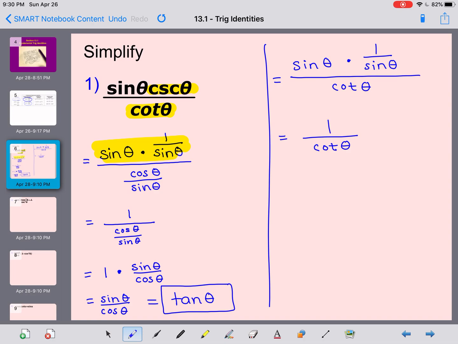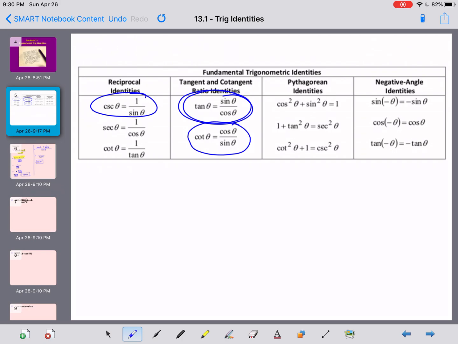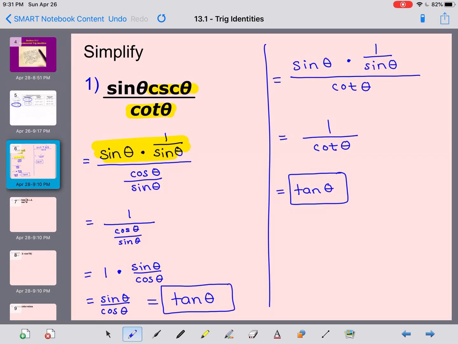And from here, you could just go straight to tangent theta. I know that it's not on our sheet. There is nothing that says 1 over cotangent of theta is equal to tangent of theta, but I have this. So it's the same, but kind of opposite of that. So if you have 1 over, you're doing a reciprocal identity that's just not listed on your sheet. So you can do that.